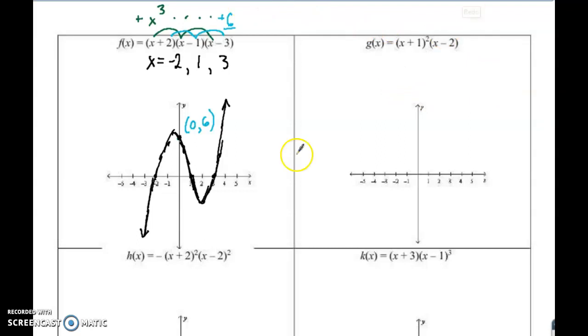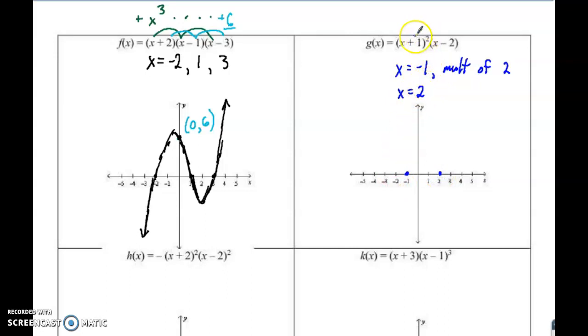As I look at the next one, again, just think about that x equals -1 has a multiplicity of 2, and then x equals 2. And so one bounces and one crosses.